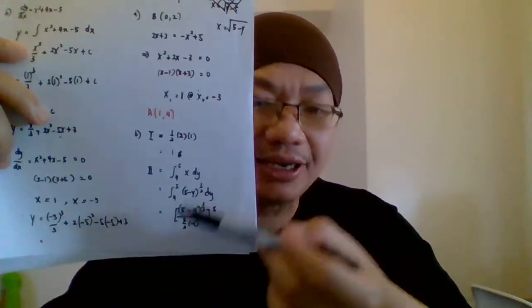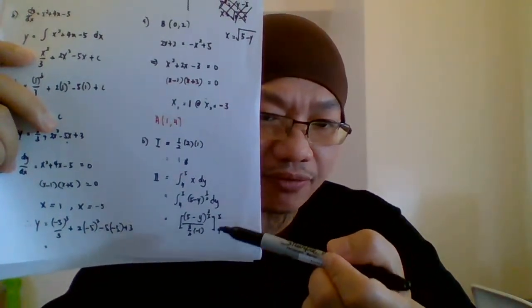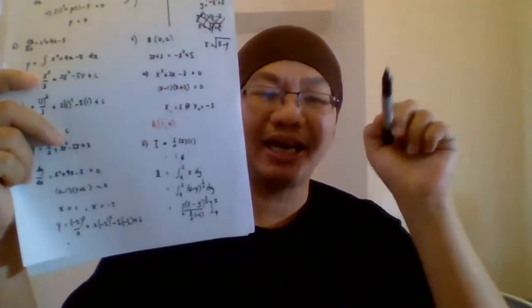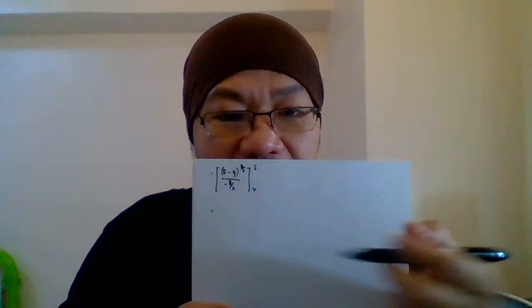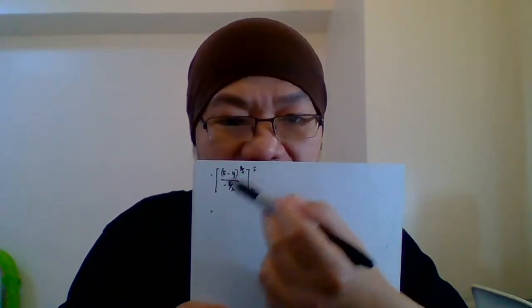So that's your integration. Simplify this, then substitute 4 and 5 into this equation, then you get the second region area. So I simplify this and it becomes 5 minus y power of 3 over 2 over negative 3 over 2, to the limit 5, 4. After we simplify, we substitute 4 and 5, then calculate, and we get the second area.